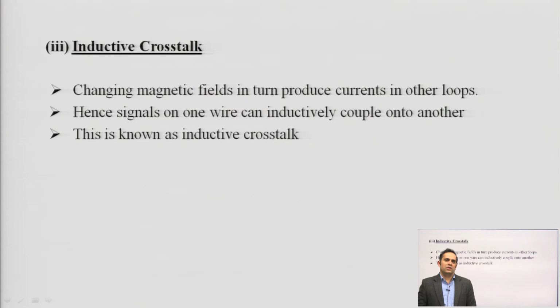They can interact in terms of their magnitude and their polarity. These different changing magnetic fields in turn can cause differences in the level of current in the other loops. So, signals on one wire can inductively couple onto another, and this is known as inductive crosstalk.